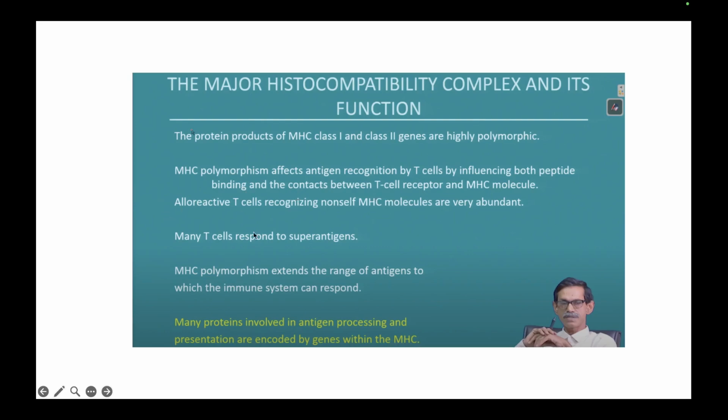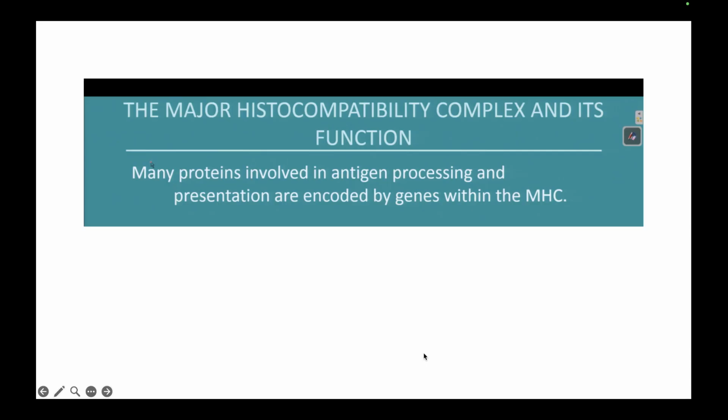There are alloreactive T cells which can recognize non-self MHC molecules and are very abundant, and there are many T cells that respond to super antigens as well. This MHC polymorphism extends the range of antigens to which the immune system can respond. Many proteins involved in antigen processing and presentation are encoded by genes within the MHC. So let's see that.